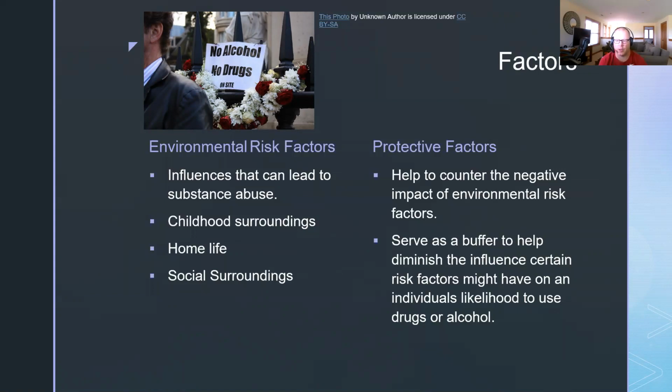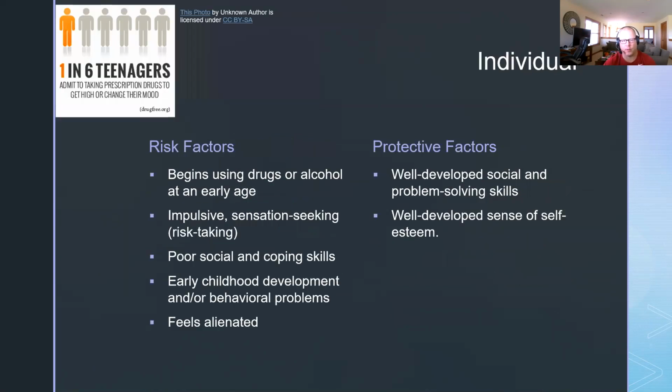These are things that help to counter the negative impact of environmental risk factors. They also serve as a buffer to help diminish the influence certain risk factors might have on individuals' likelihood to use drugs or alcohol. So I'm going to talk about different types of factors that are influences, and then we'll cover the protective and the risk factors for these.